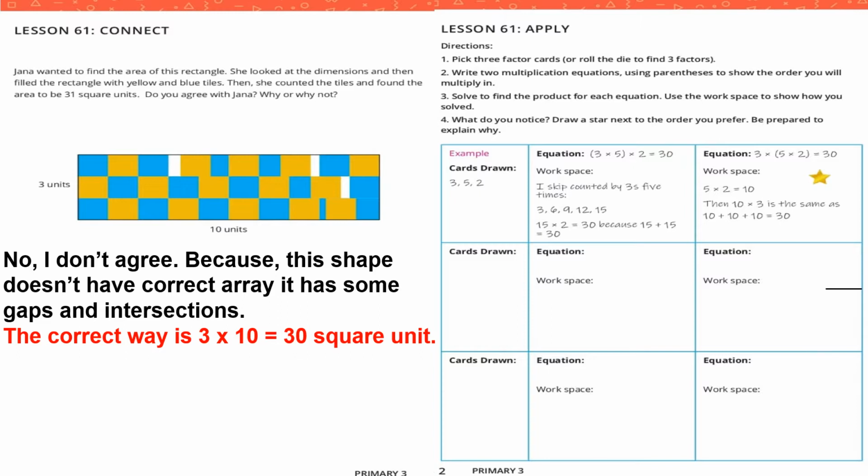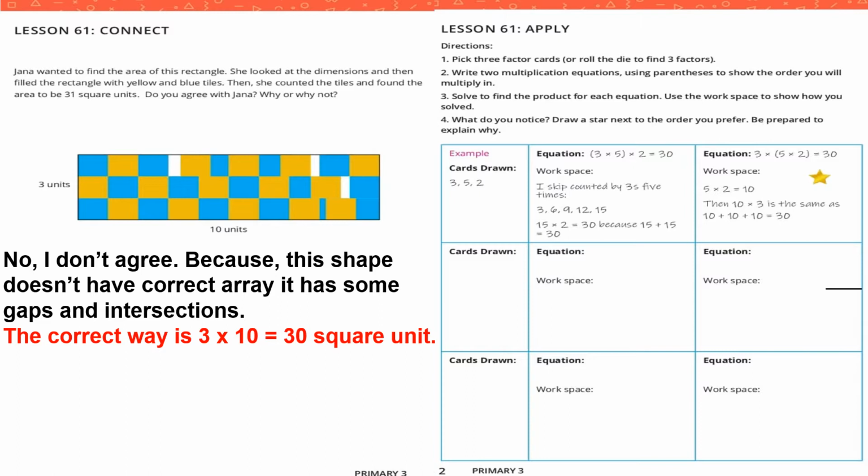So length times width equals 3 times 10, or 10 times 3, equals 30 square units. And don't forget, in the area we should write the unit as square units, or square centimeters, or square meters. As he is giving me the length, I should write square. Don't forget, this is in the area only.